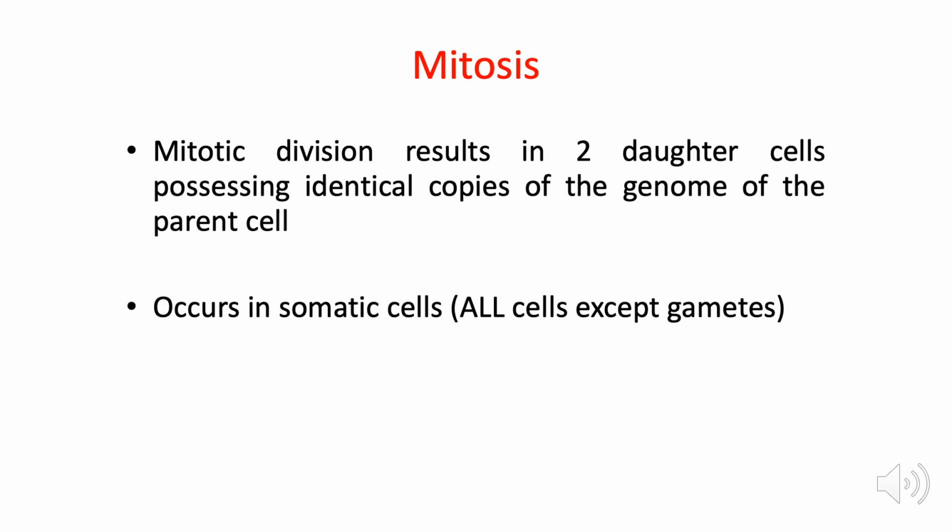So these cells are supposed to have what? 46 chromosomes, and these cells are called diploid cells. Later on, you will learn that mitosis will produce 2 daughter cells. And since the number of chromosomes of the daughter cells are similar to the mother cell, which is a somatic cell, expect that the 2 daughter cells are diploid as well.